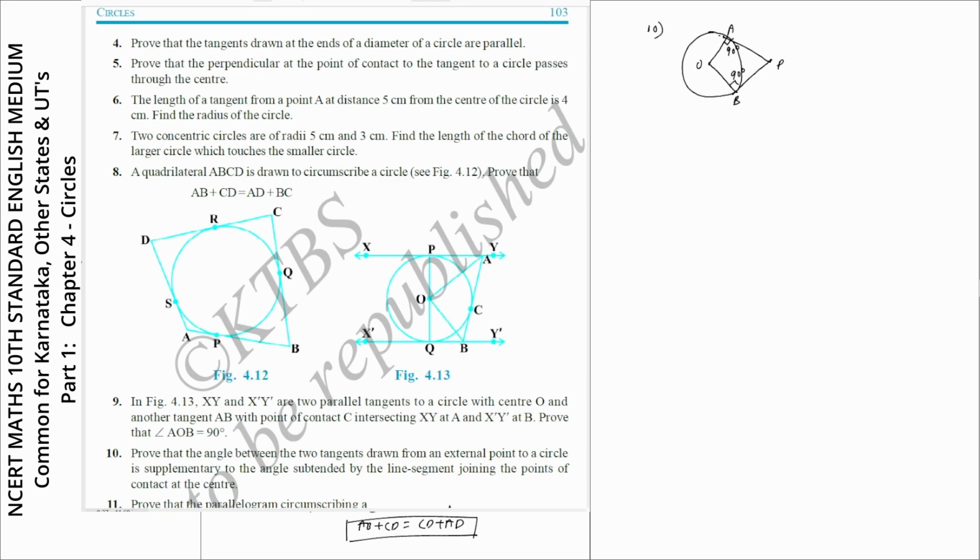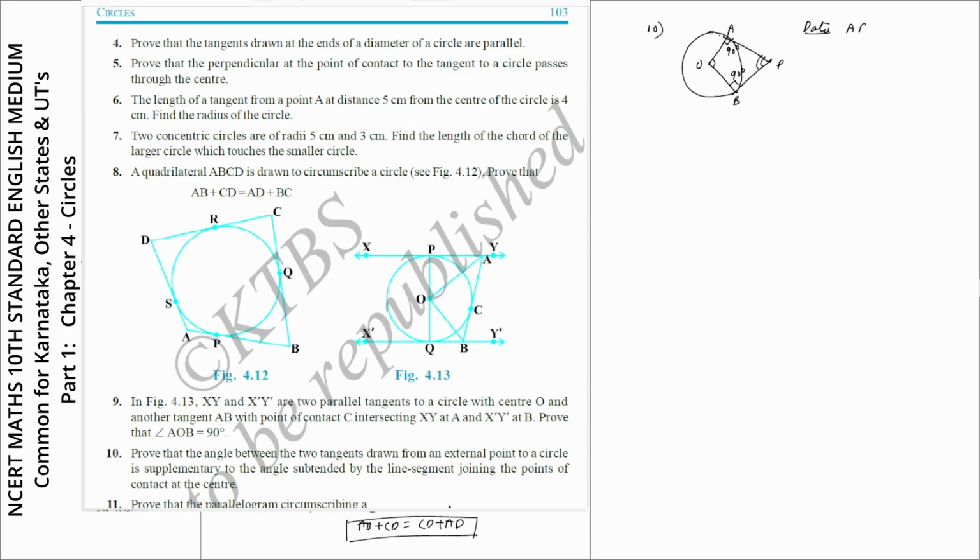So we have to prove that the angle between the two tangents drawn from the external point to a circle is supplementary to the angle subtended by the line segment joining the points of contact at the center. Now we should prove that angle O plus angle P is equal to 180 degrees. That's the question. So I'll write the data first.